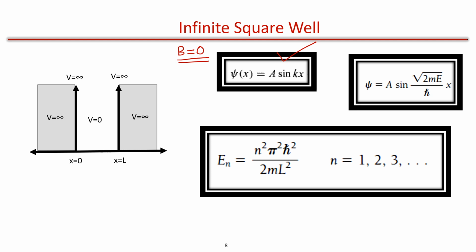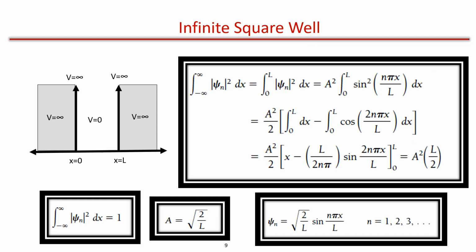Again, from the boundary condition, we can see that the value of k is equal to n pi by L, that is, at x is equal to L, psi x must go to 0, and from this condition we obtain this, and finally we obtain the energy to be equal to n square pi square h cross square by 2mL square, where n is equal to 1, 2 and 3.